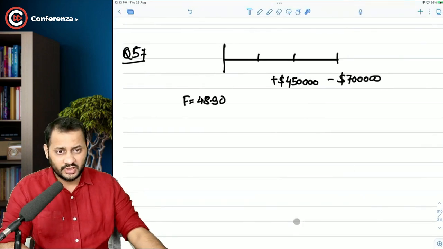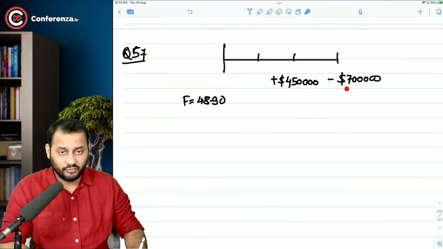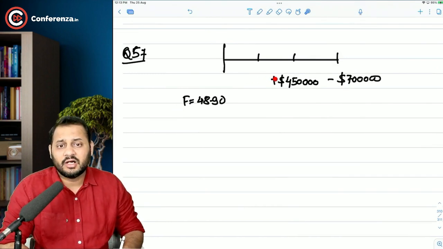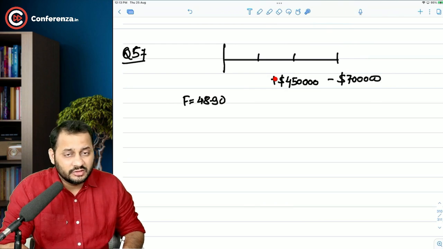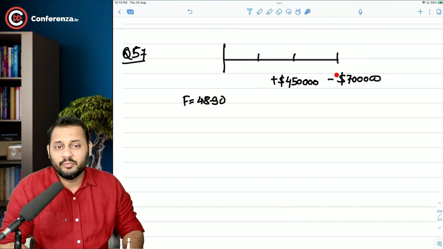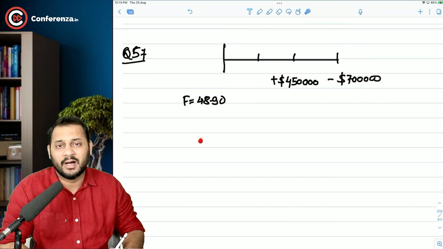Now if we want to cover these payables also in the forward market, we will have to take a forward contract. Just like we sold dollars forward to the bank after receiving this, we need to make the payment of dollars after 3 months, so we will have to buy forward.